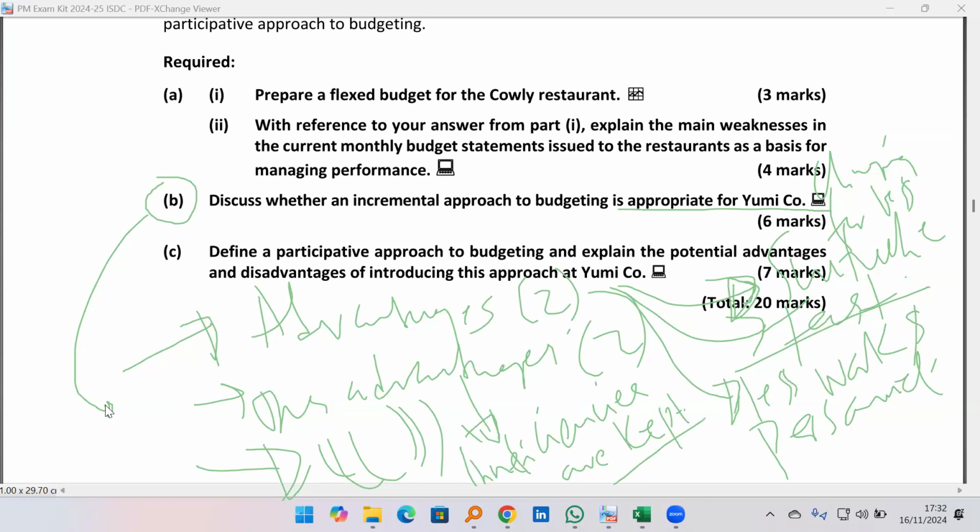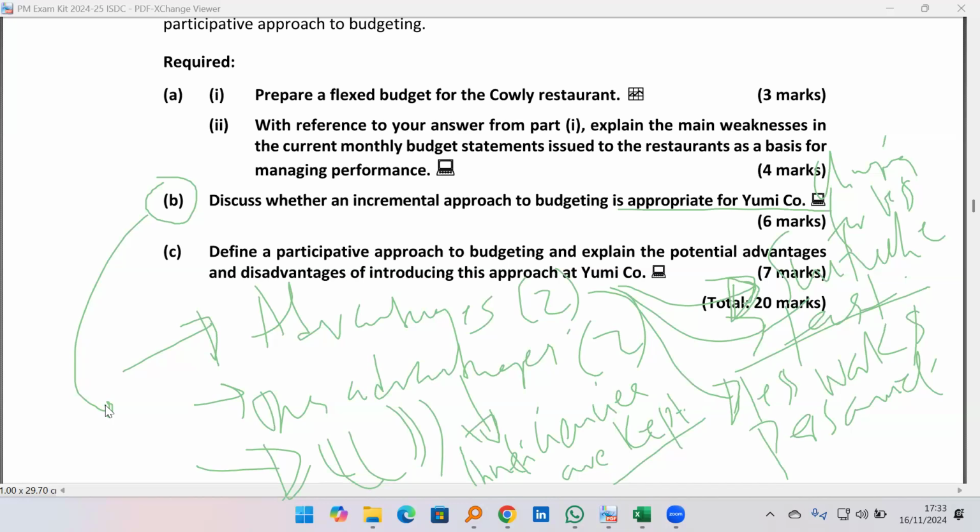So if you are looking at cost control, then a rolling or an incremental budget is not so good because it encourages the slack that was kept in the previous budget or the inefficiencies to be carried forward. Because what happens is that you say, okay, last year we spent 2,000, so this year we may spend 2,100. So that's what you would do.